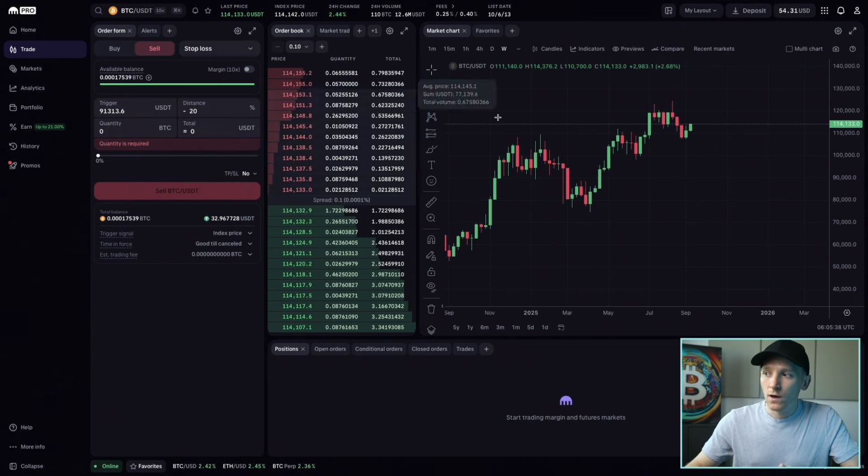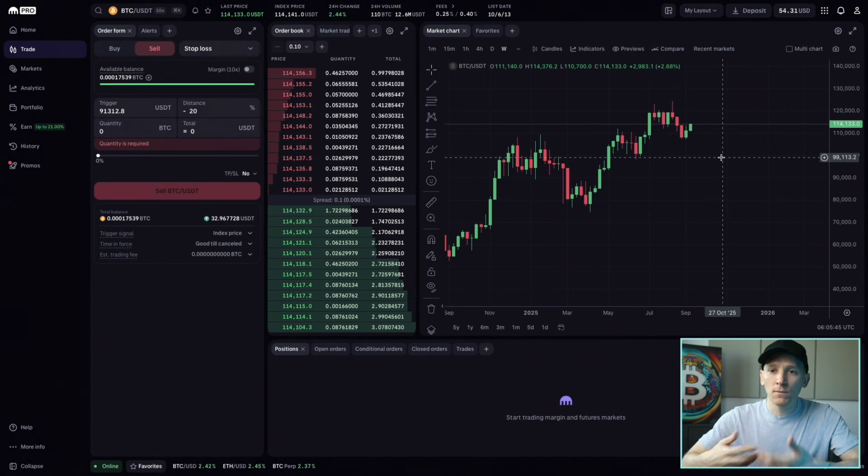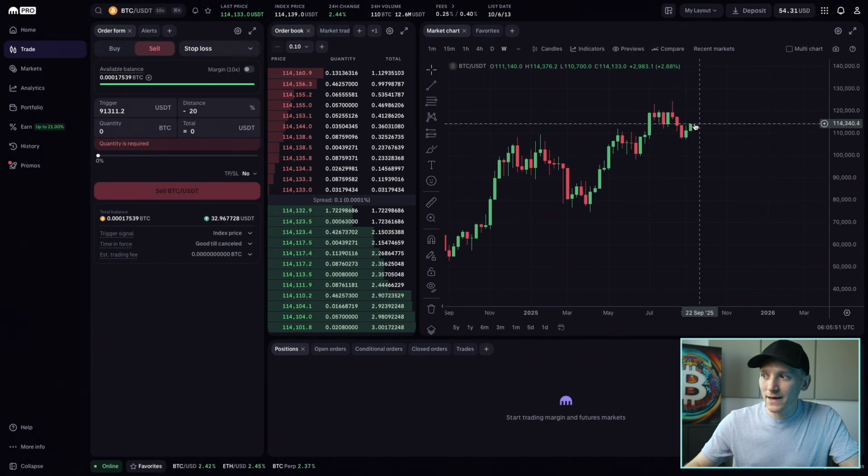With a stop loss, we want to tell the trading system, only if the price gets to my trigger, then put my order in. And that's a trigger order or a stop loss order. So the example here, Bitcoin is at 114,000 and I have a small amount right here. What I'm going to do is tell the system, I'm happy to keep my trade.